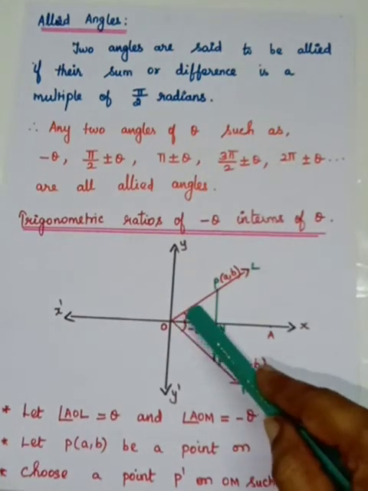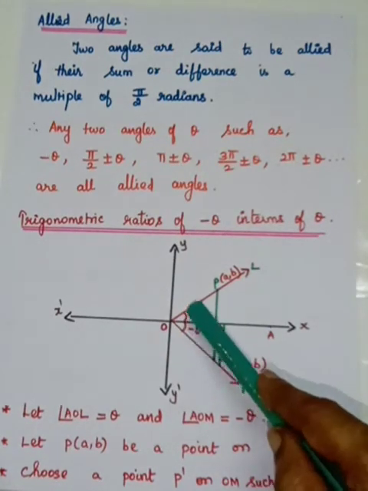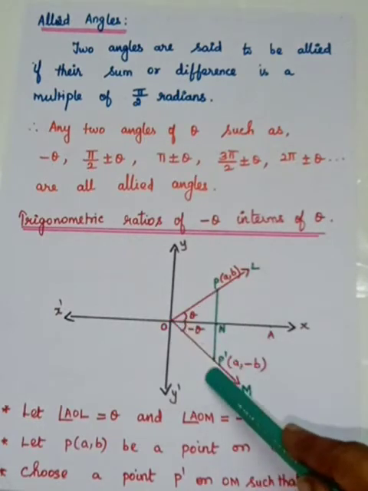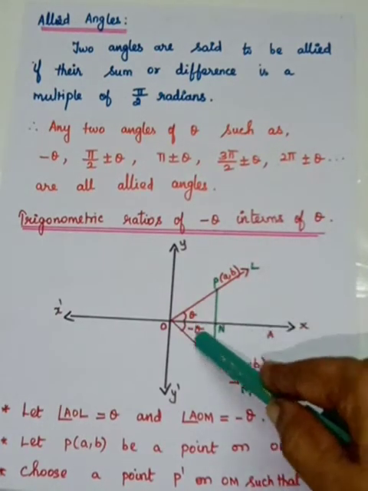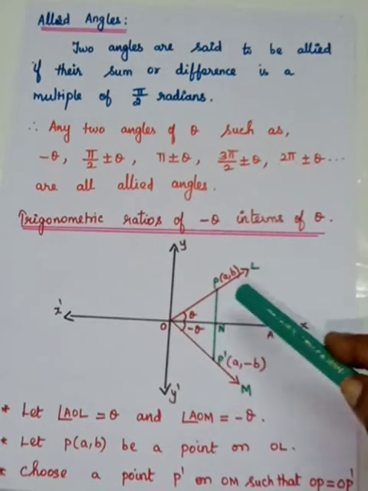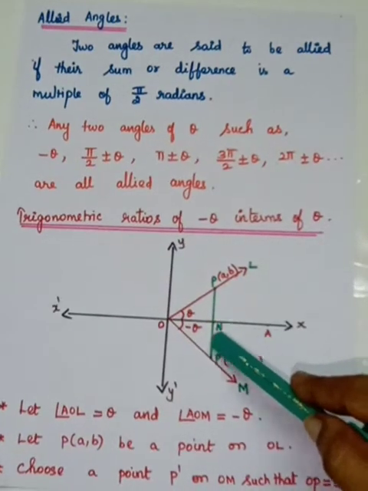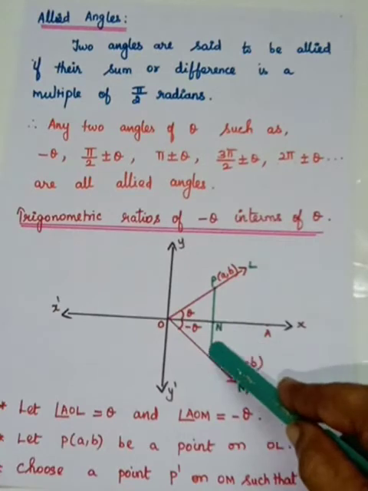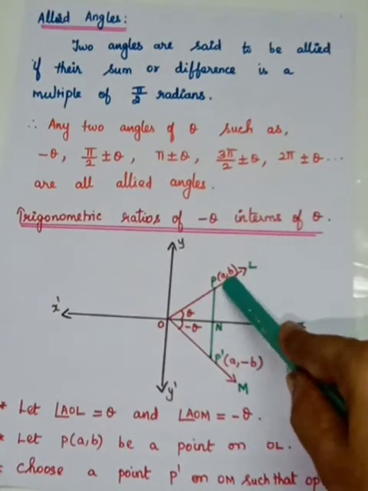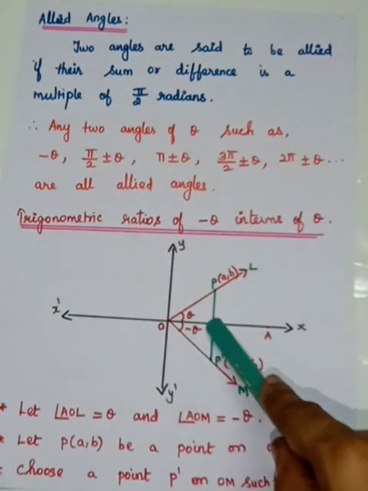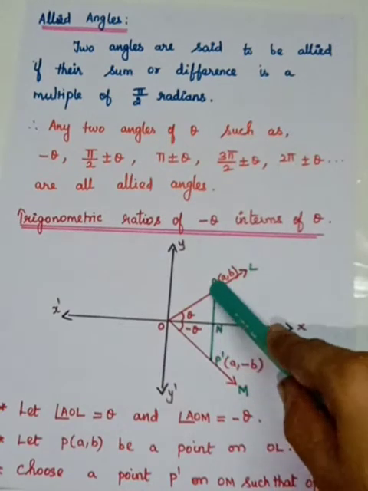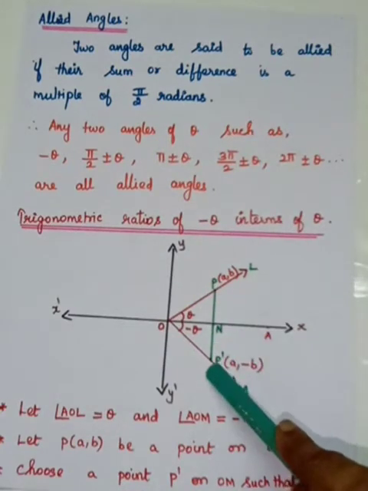These two angles are equal, and OP is equal to OP dash, as we have already taken. Therefore these two triangles are congruent, so PN is equal to P dash N. If P is in the first quadrant and P dash is in the fourth quadrant, the X coordinate is A and the other is B.